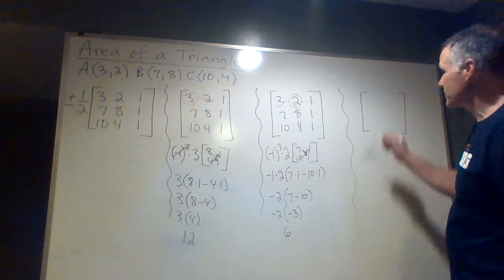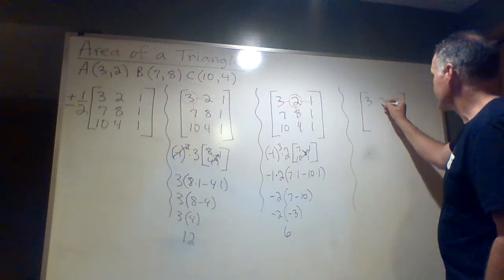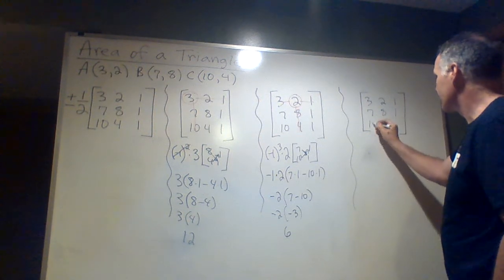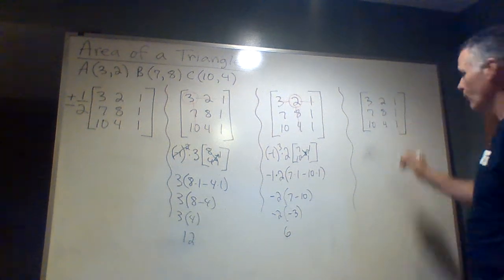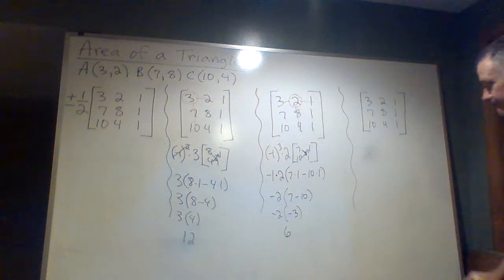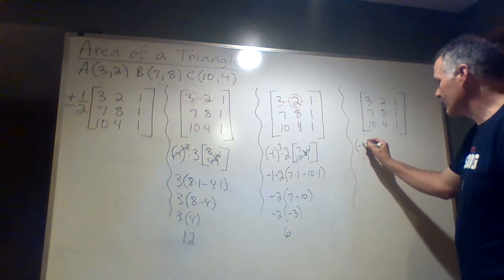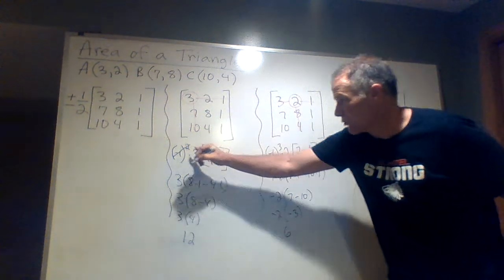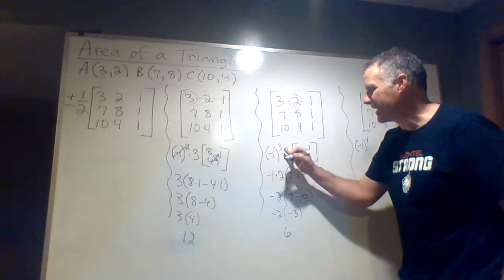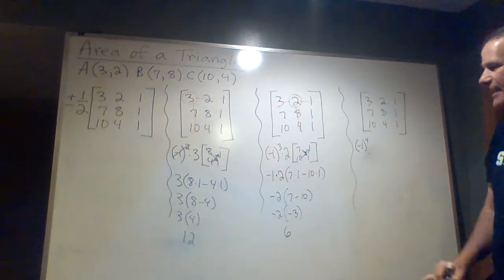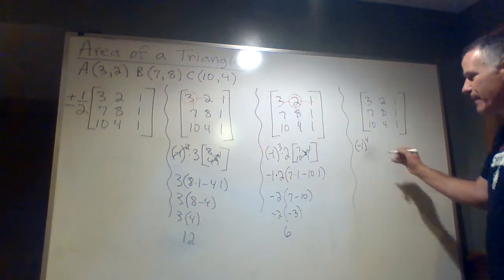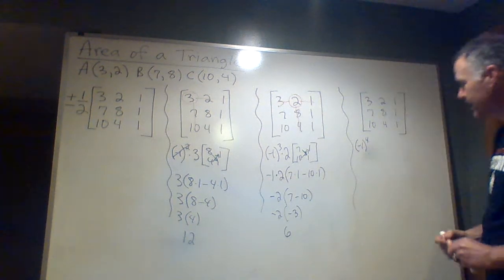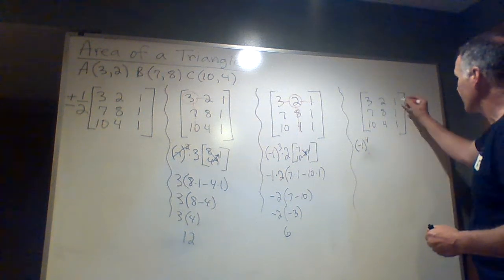We got the next one here again. 3, 2, 1, 7, 8, 1, 10, 4, 1. Now remember that the beginning part, now it's -1 to the 4th. So again, -1 squared, -1 to the cube. Now again, the odd power keeps the negative. A negative 1 to an even power really isn't going to do anything. So that's that next one there.